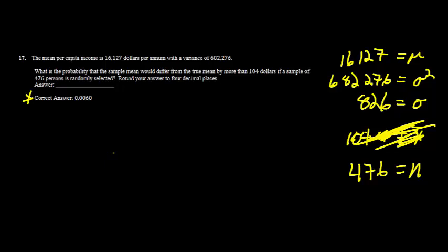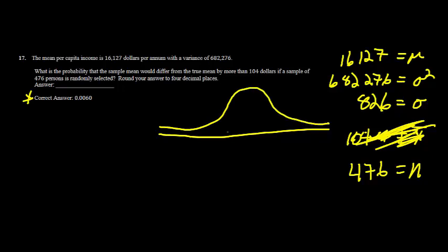Okay, so this is definitely one where I want to draw it out. There's something weird going on here, and I've got to figure it out. It's very similar to our previous question, but I want to make sure. The mean is 16,127, and it's asking the probability that the sample mean would differ from the true mean by $104. That means I'm going to go $104 left.